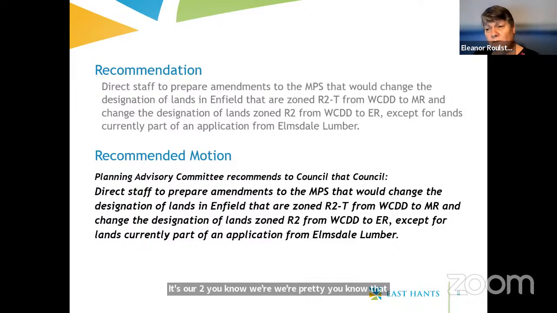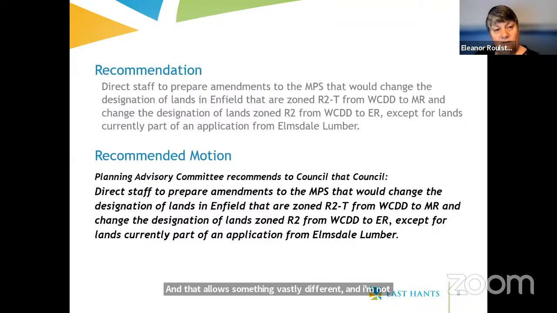But if there's a different land use designation available by development agreement, all of a sudden his R2 or his R2T turns into something called WCDD. And that allows something vastly different.